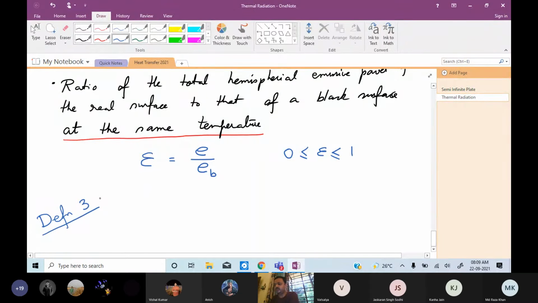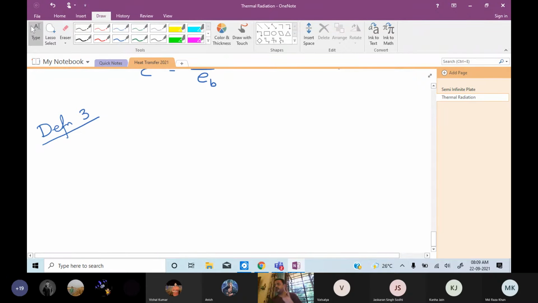In definition 1, we talked about total hemispherical emissive power. What we would now like to do is distinguish the emission characteristics by wavelength.